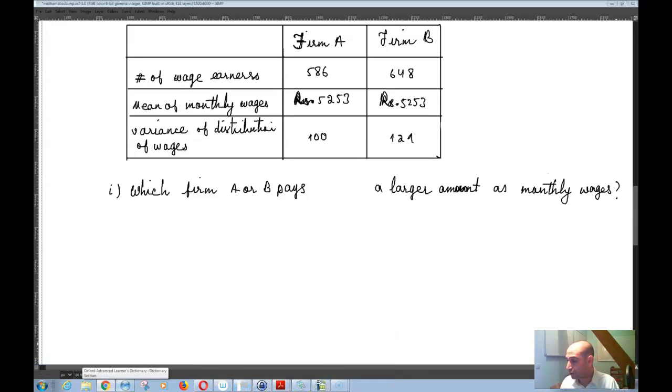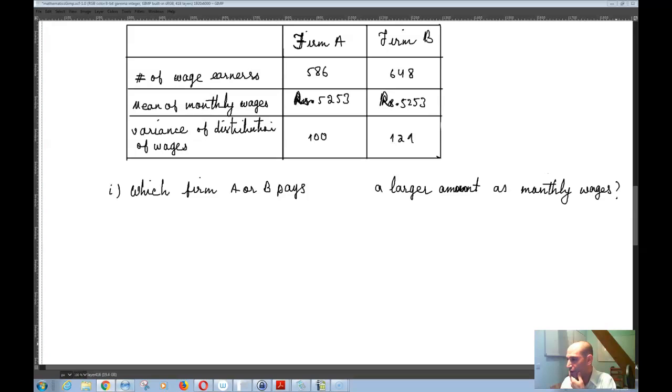So now question number 3. It says that an analysis of monthly wages paid to workers in two firms that belong to the same industry gives the same result. Number of wage earners, firm A, firm B, and so on.